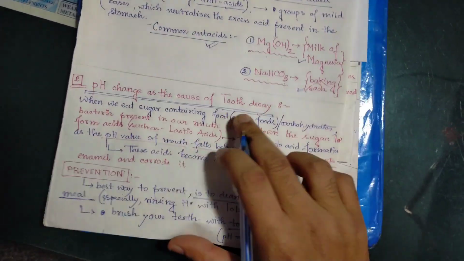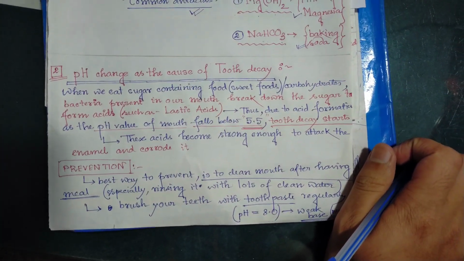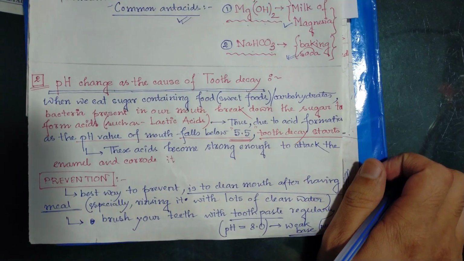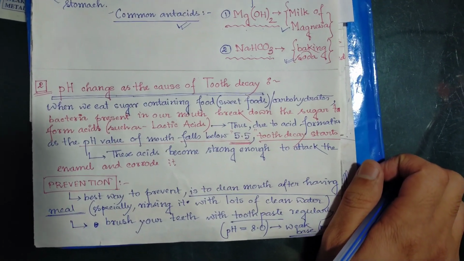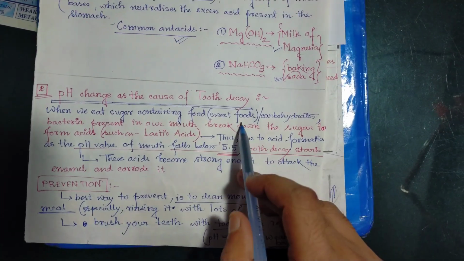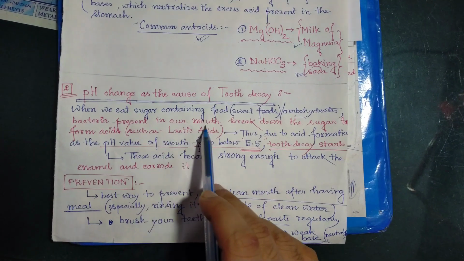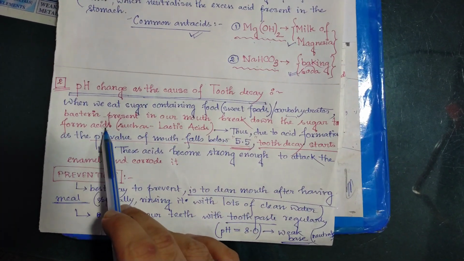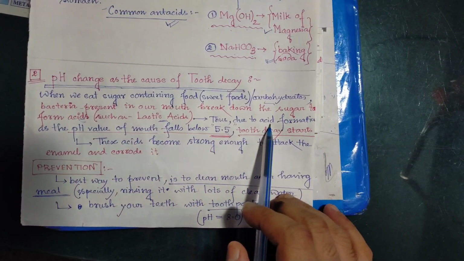Another very important use of pH in our everyday life is that we can see the pH change which causes tooth decay. When we eat sugar containing food like sweet foods and carbohydrate containing foods, bacteria present in our mouth break down the sugar to form acids, mostly lactic acid.